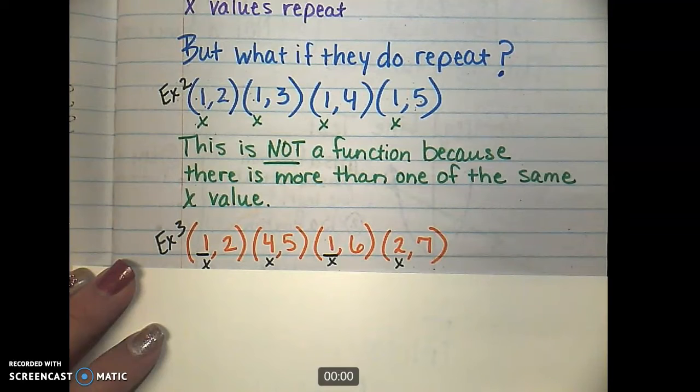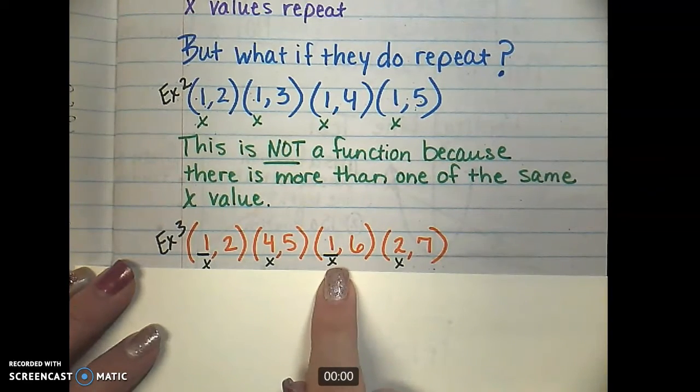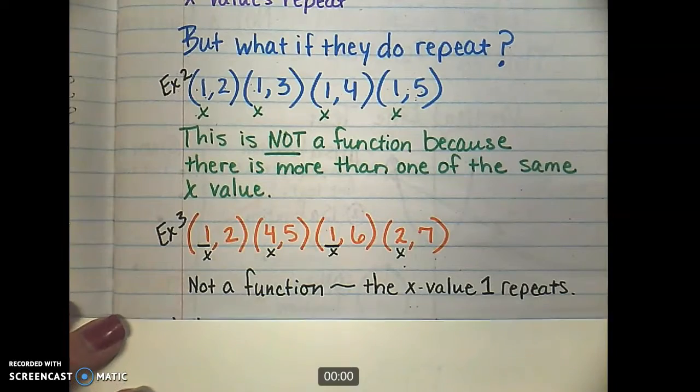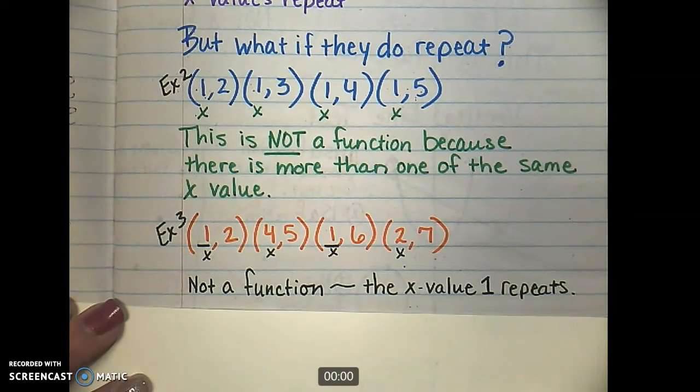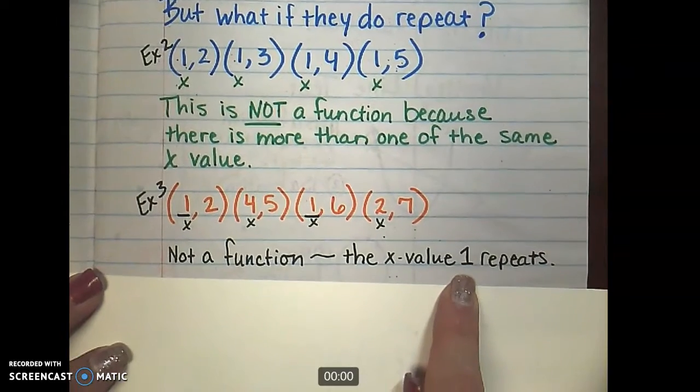So, would this be a function? No. This x value and this x value repeat, and that cannot happen in a function, so not a function. The x value 1 repeats.